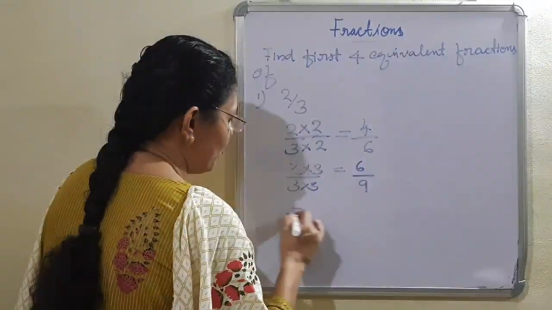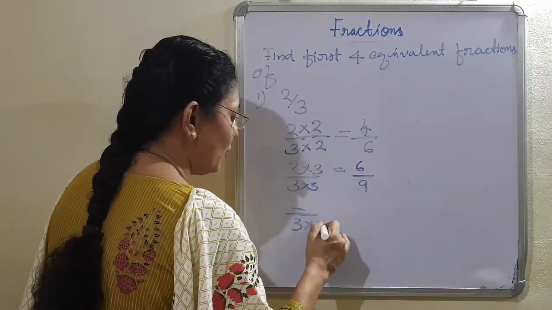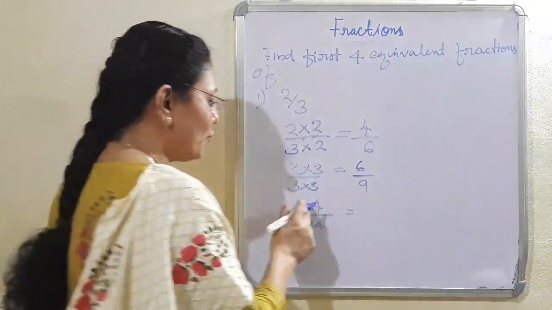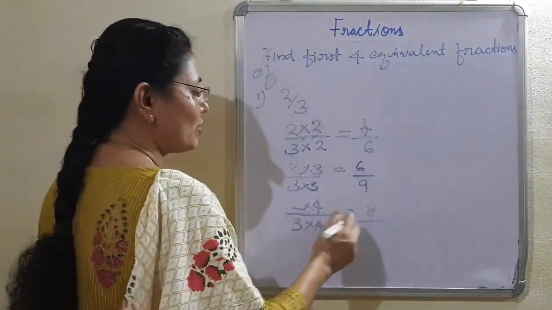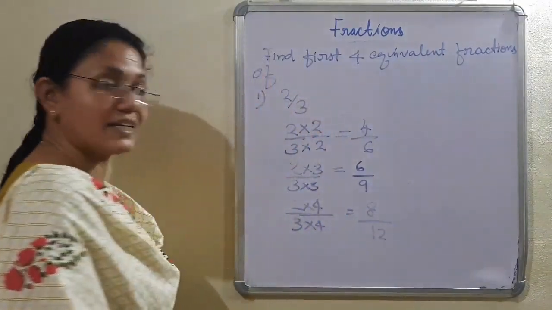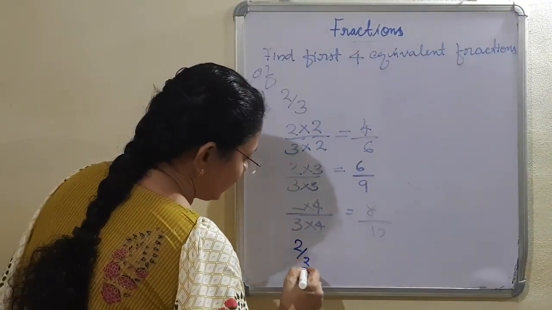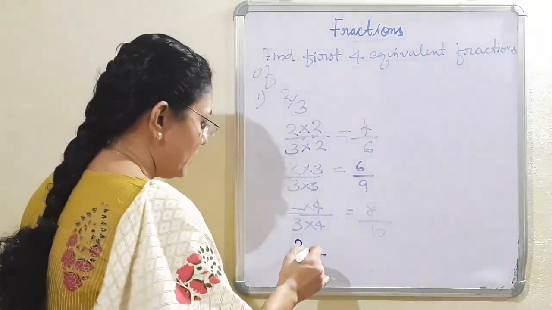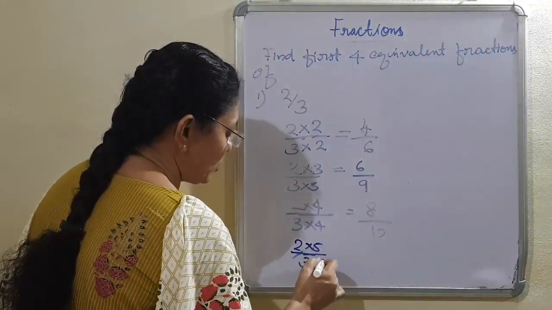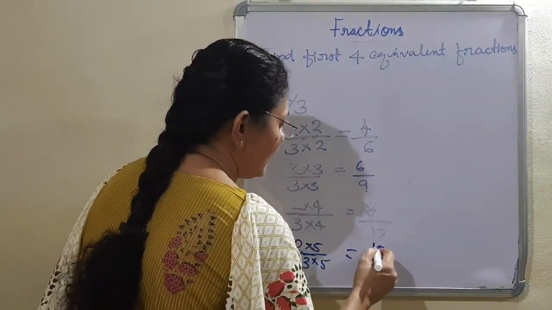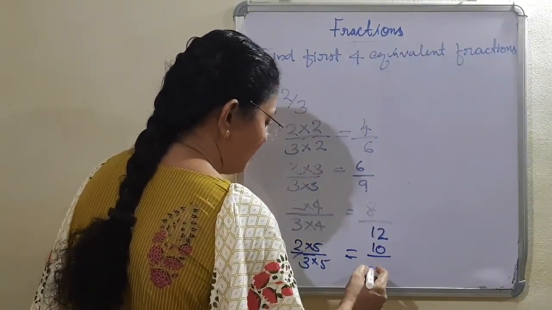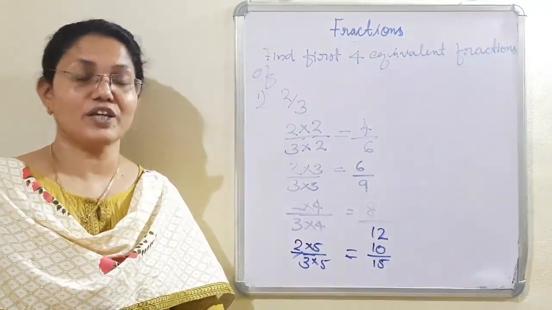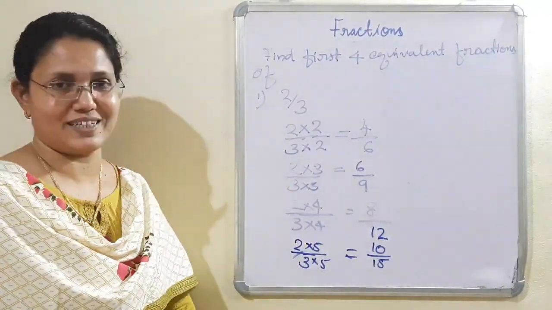That is 2 by 3 into 4, multiply numerator also by 4. 2 4s are 8. 3 4s are 12. Next, 2 by 3 into 5. Here also into 5. 2 5s are 10. 3 5s are 15. Okay. These are the first 4 equivalent fractions of 2 by 3.